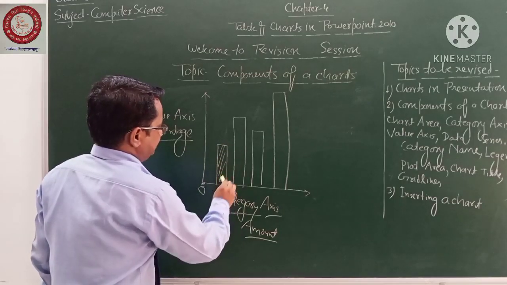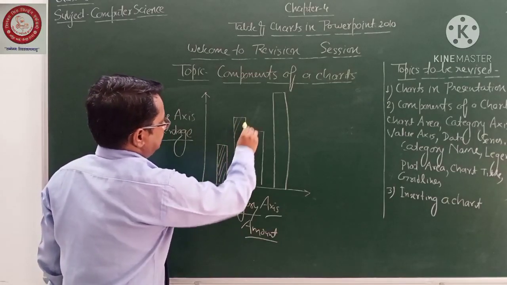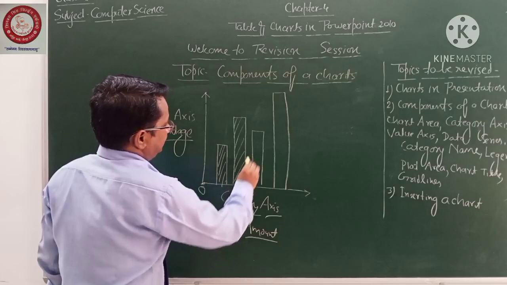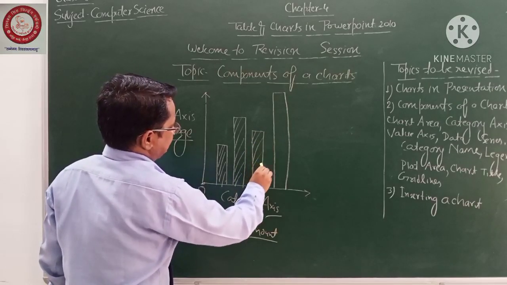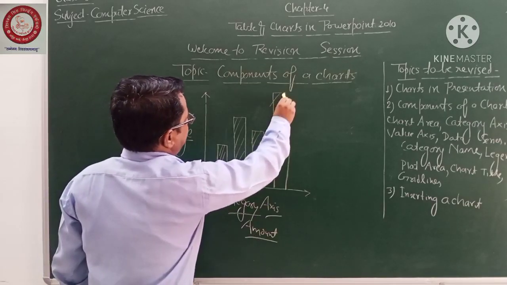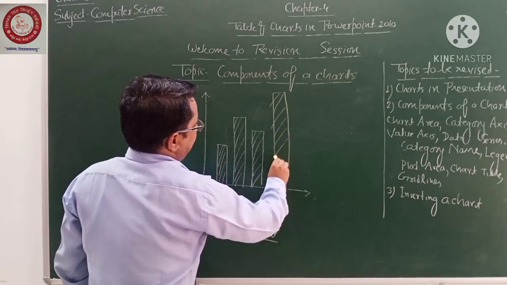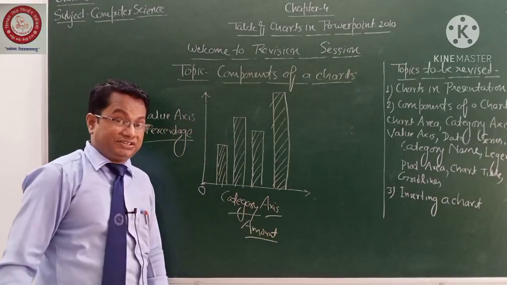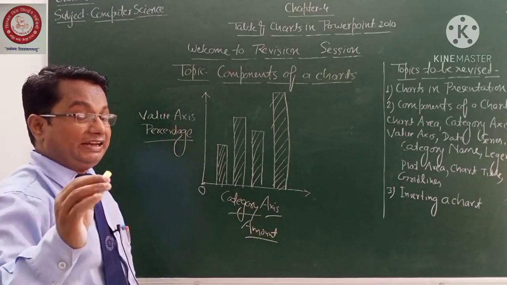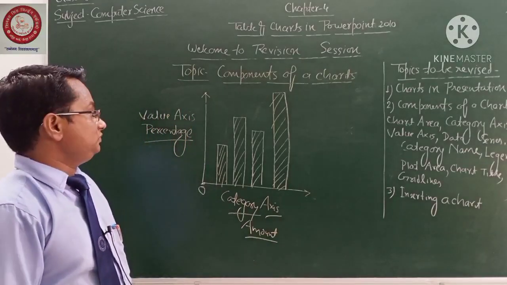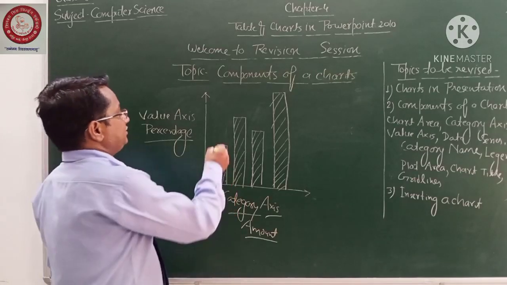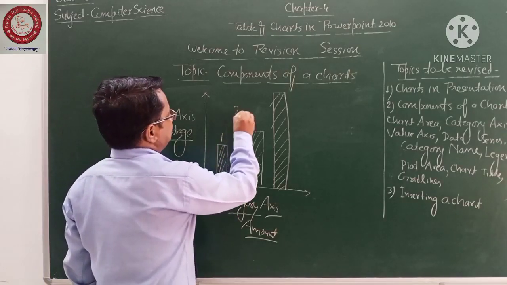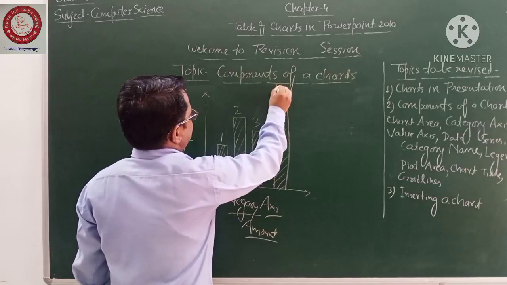I can make some shading here, so that you can easily identify this. Right now I am doing each and everything manually, but on your computer each and everything is done automatically. No need to make any kind of effort for this. So this is bar number 1, 2, 3, 4.